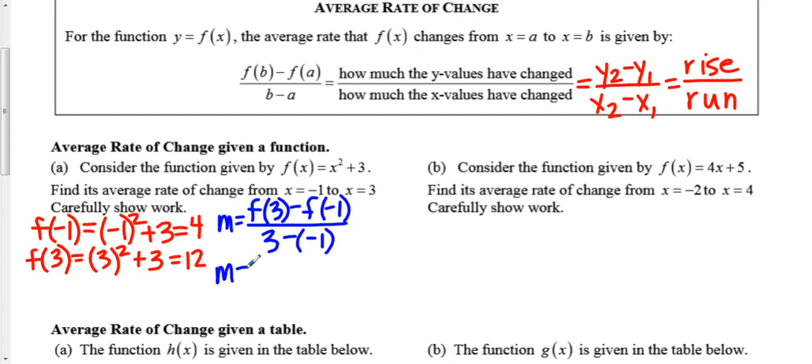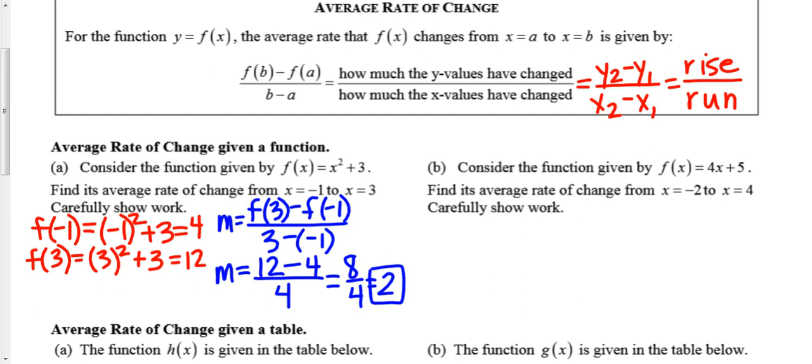So f of 3 we found is 12, minus f of -1 is 4. I did that backwards, I apologize. Okay, 3 minus -1, those are my x values. We don't need to substitute for that. We can actually simplify. So again, 3 minus -1 is 4. 12 minus 4 is 8. We're going to carry over that 4, and that simplifies to 2. So the average rate of change for that equation is 2.